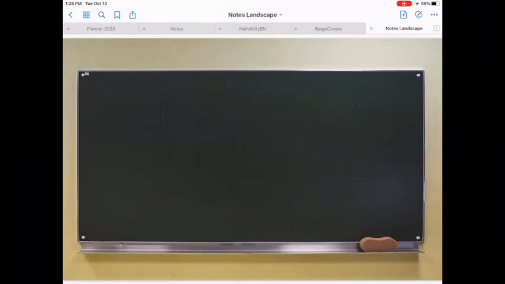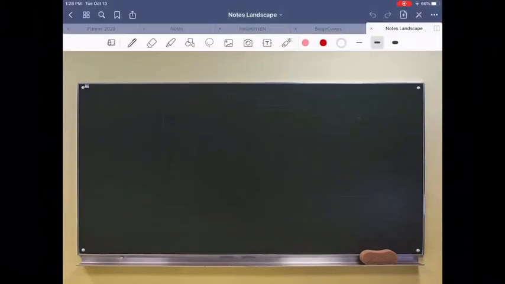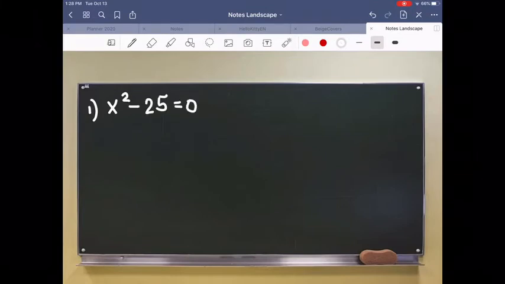How do we solve quadratic equations by extracting the square root? Let us have some examples. Example number 1: x squared minus 25 equals 0.